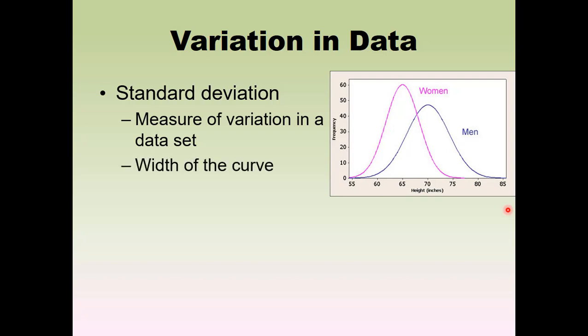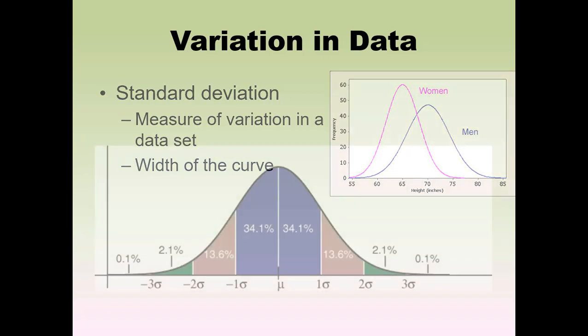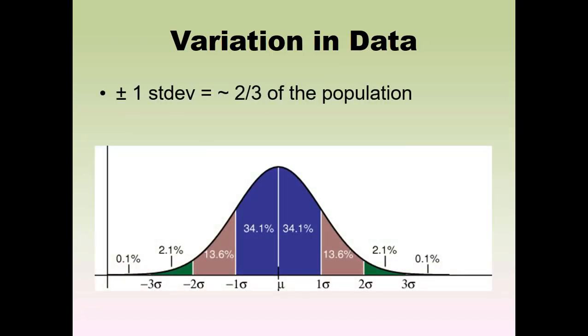So it really tells us the width of a curve if we're presenting our graph as a bell curve. So if we take the mean, or average, and we add one standard deviation, and we subtract one standard deviation, that would include 2/3 of the total population.